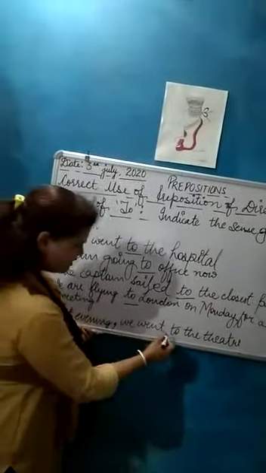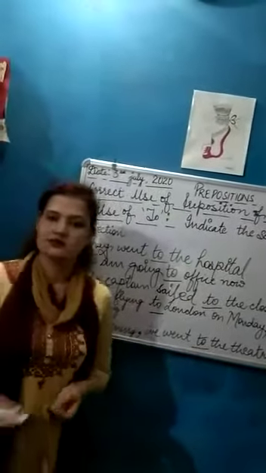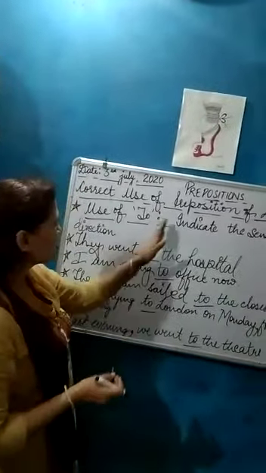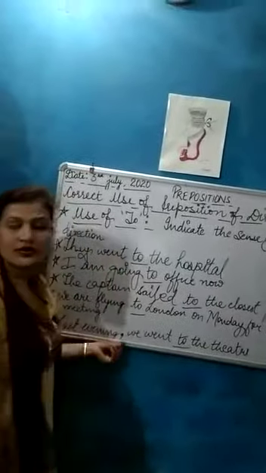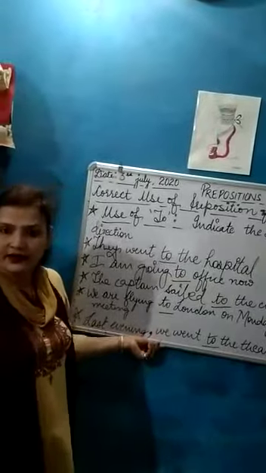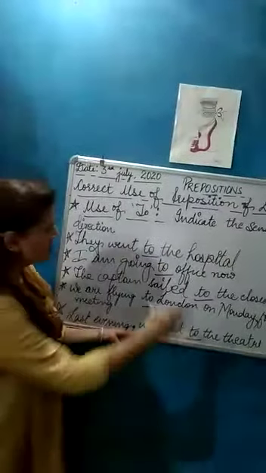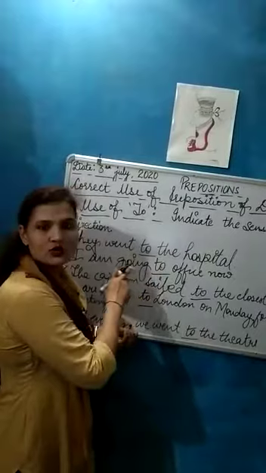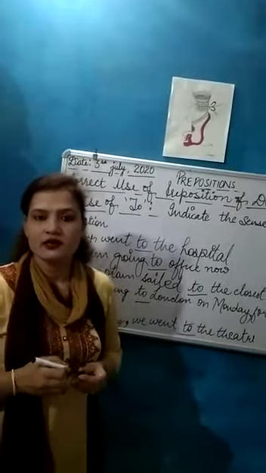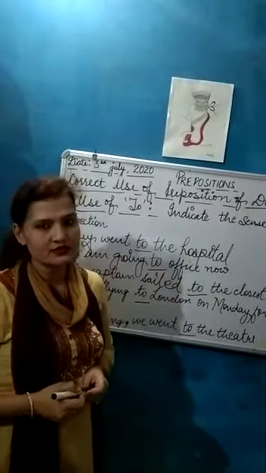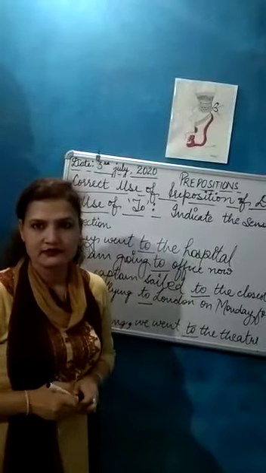Last evening, we went to the theatre. In all these examples, we use to to indicate the sense of direction. Here, to also tells us that there is a movement from one place to another.